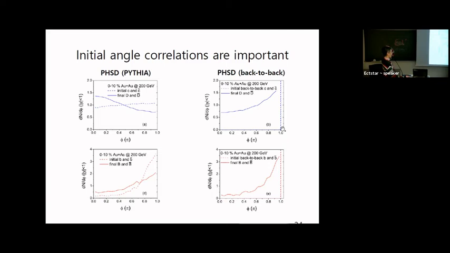But after heavy ion collisions, this sharp correlation function becomes smeared, like this solid line. And comparing with this left figure, it is quite different, this line and this line. So it tells us that the initial angle correlation could be important, especially for the study of dielectron.